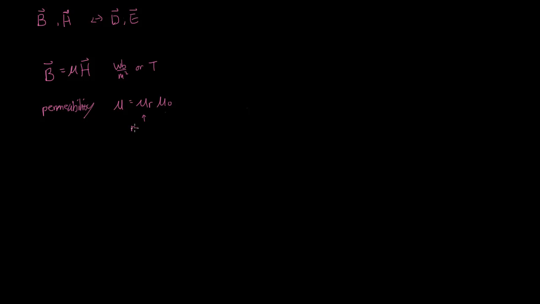So this would be the relative permeability. And the permeability of a vacuum is another universal constant. It is nicely 4 pi 10 to the minus 7 henries per meter.